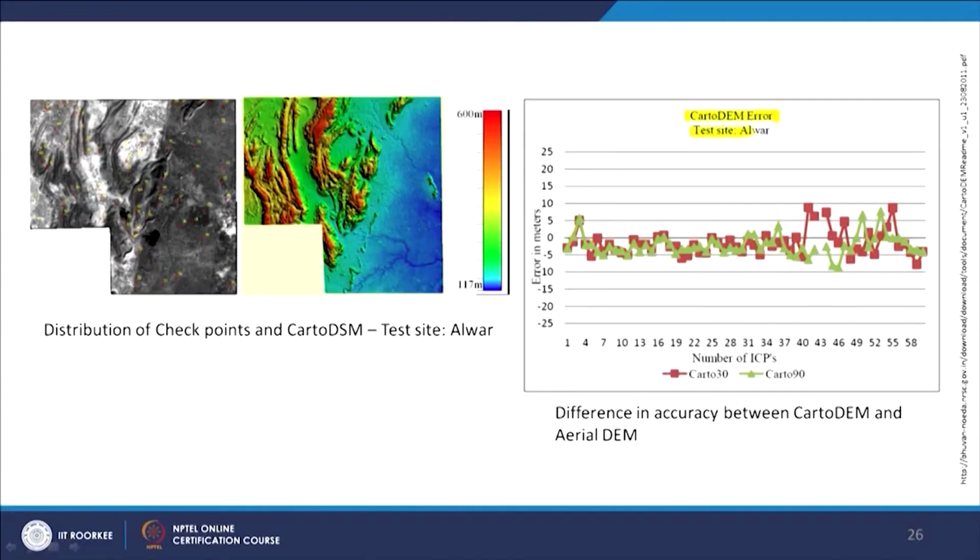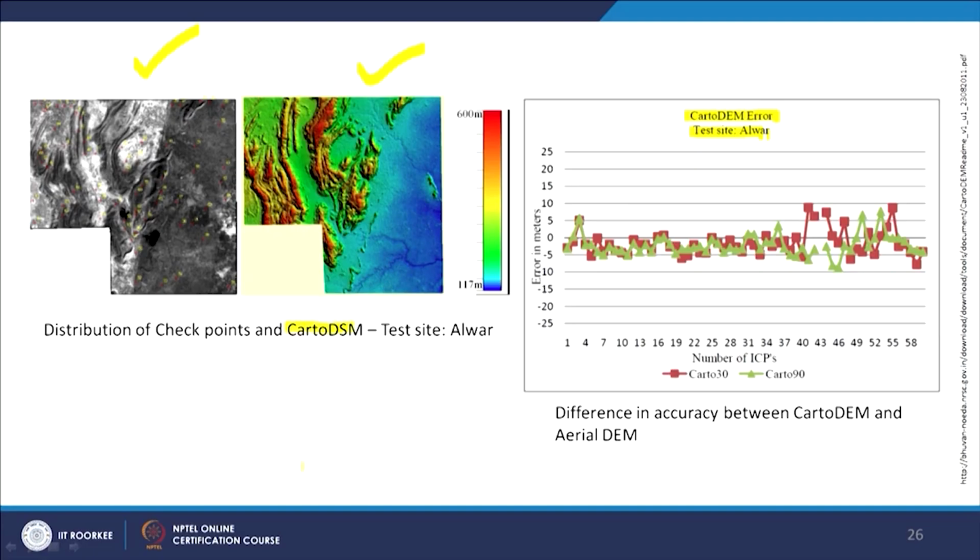The same thing here. This analysis has been done for Cartosat, and as you can see, this is not highly rugged like the Himalaya, but this is the Alwar region in Rajasthan. A visible image is there, and then you have a digital elevation model, and the checkpoints, shown here in yellow, are your test points.